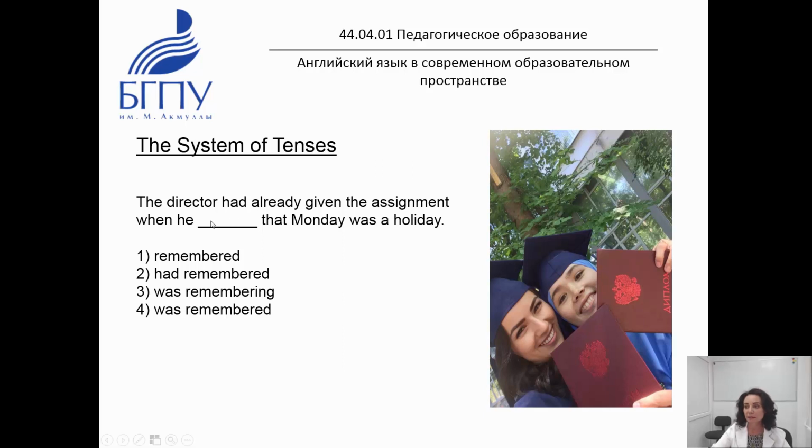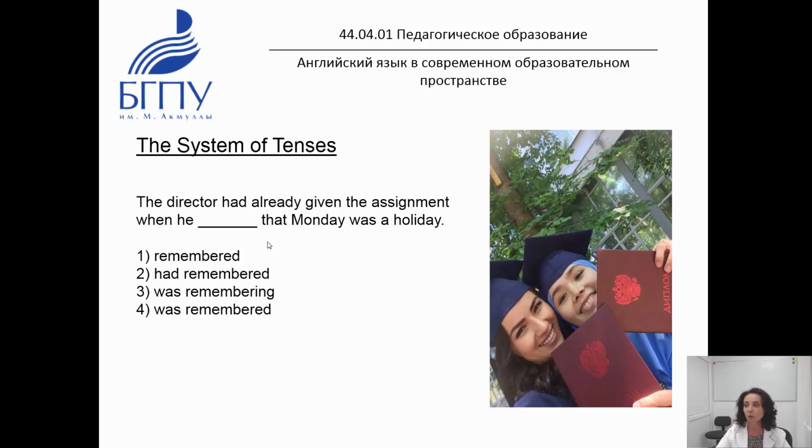Let us see the sentence which is presented on the screen. The director had already given the assignment when he, and then you are to complete the sentence, that Monday was a holiday. First, you should analyze the situation itself. The general context of the sentence is in the past. That's why we can correlate the actions.